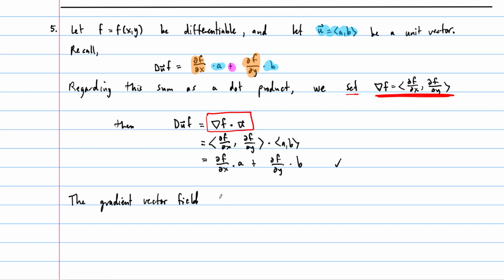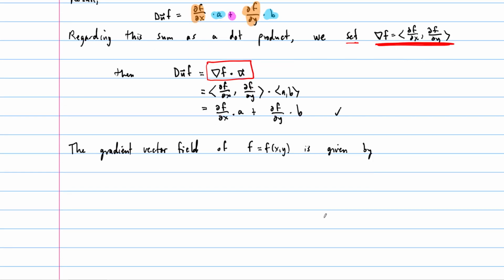But the gradient vector field of this function f, which is here a function of two variables, is given by exactly that formula. It's good to have this written down formally. So the gradient of f, in some sense, is a function of x and y, and it spits out vectors, right? It's going to spit out a vector whose x component is the partial derivative in the x direction of this function f, and whose y component is the partial derivative in the y direction.